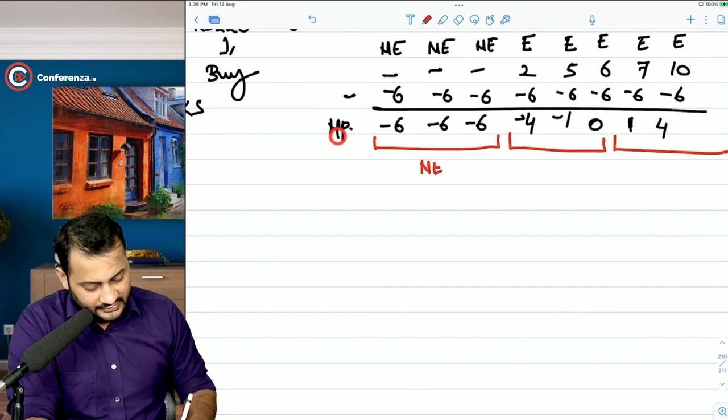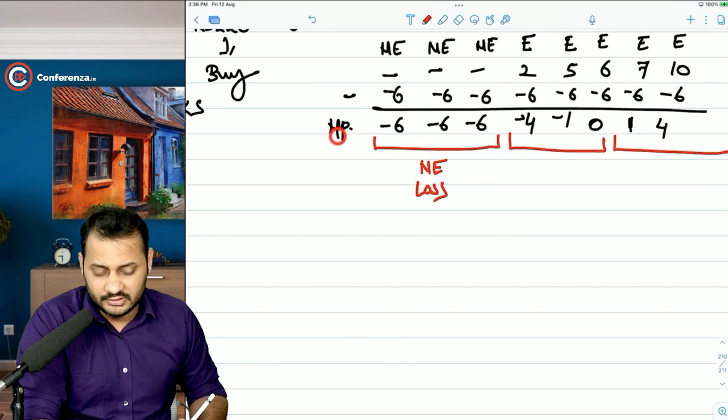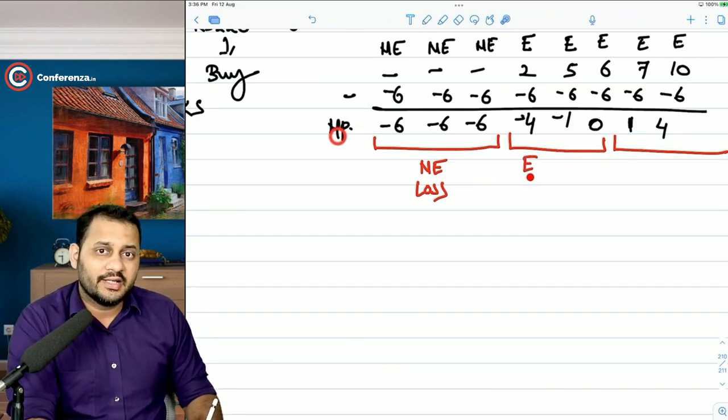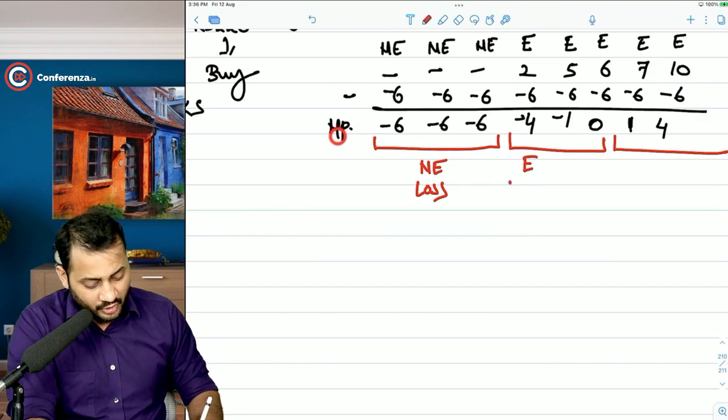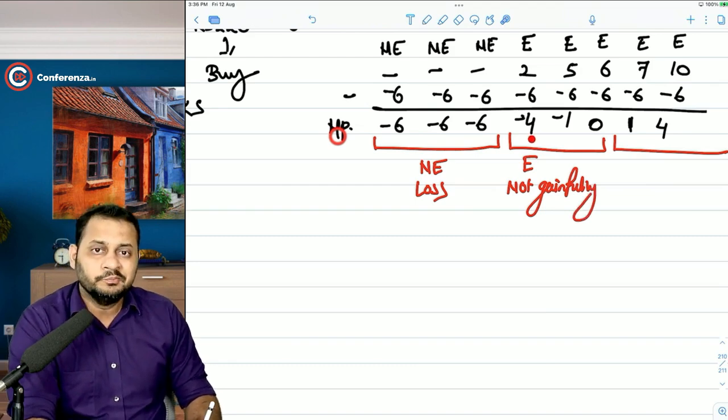First, this phase is a non-exercise phase where you are suffering some losses. This phase is an exercise phase. Here you are exercising the option, but you are not exercising it gainfully, because the ultimate answer is a loss.